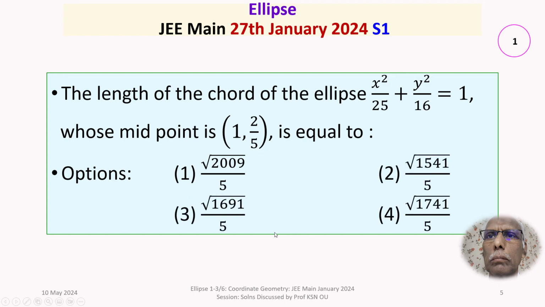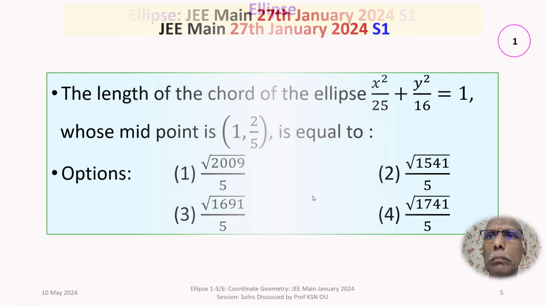We are given 4 options, and we have to find the length of that chord of this ellipse whose midpoint is (1, 2/5).